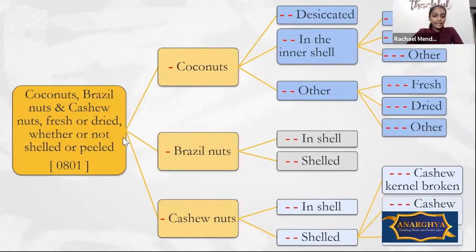So the entire heading is classified into 3 main headings, which is notified with a single dash. These main headings are further classified into sub-classifications, that is represented by a double dash. And some of these double dash subheadings are further classified into triple dash subheadings. In our example, we were at this in shell cashew nuts.